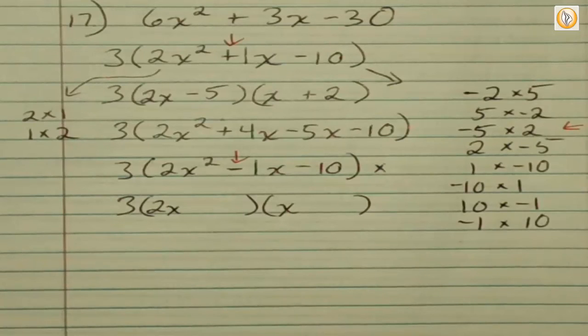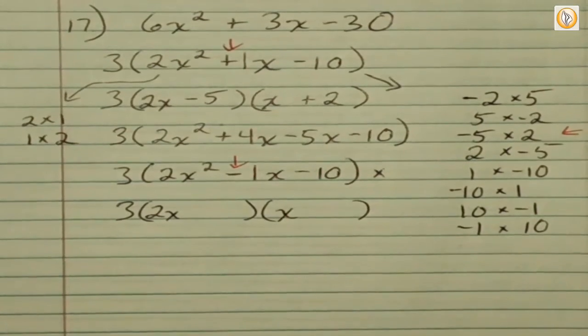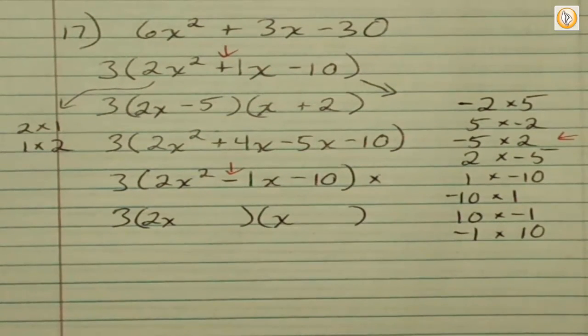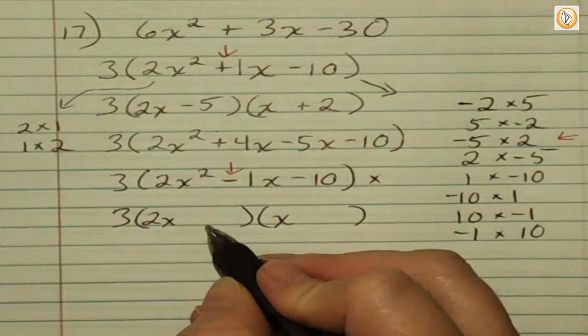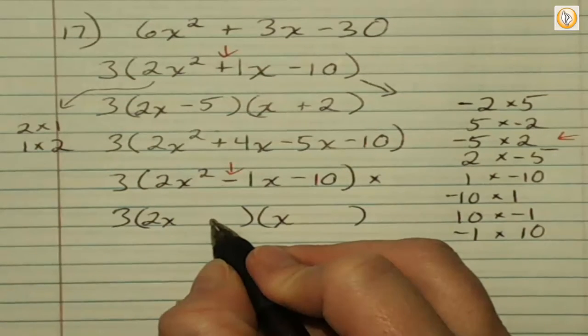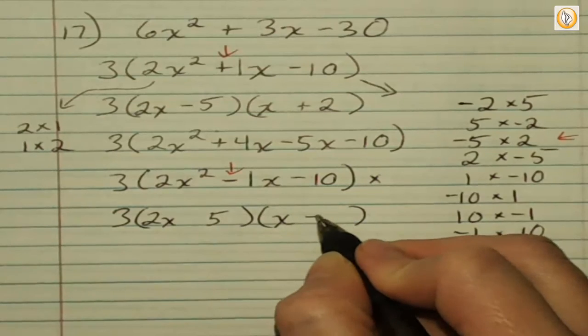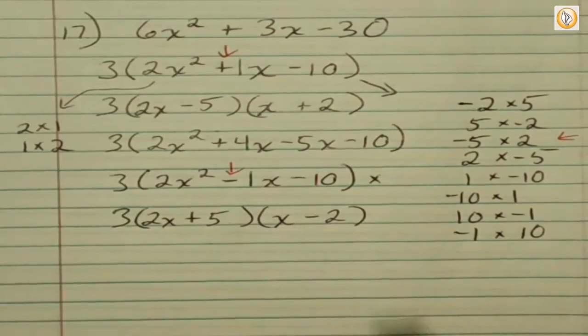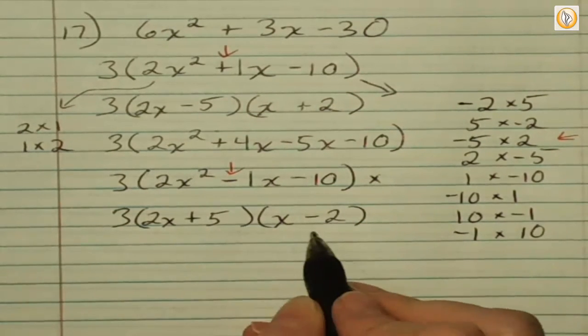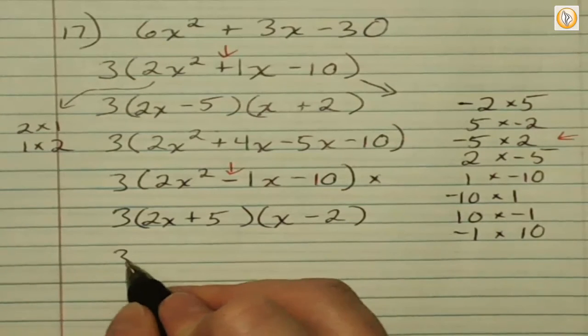What if you keep the numbers from the last one, but just switch the signs? So, what should I have right here then? Positive 5 and negative 2. Let's try that. He kept the numbers there, but switched the signs.